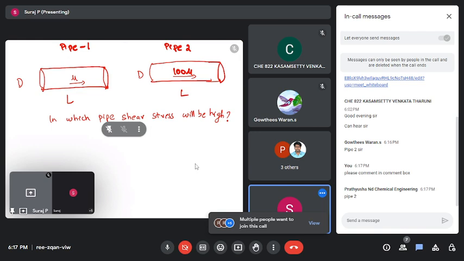So once more the options I can give: stress in pipe 1 is greater than stress in pipe 2; stress in pipe 1 and pipe 2 both are equal; stress in pipe 1 is less than stress in pipe 2; and the fourth one, we need to know whether the flow is turbulent or laminar.